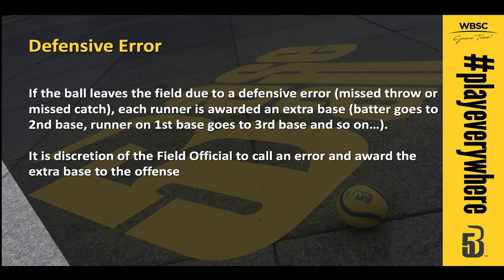It's the discretion of the field official to call an error and award the extra base to the offense. And that's another big difference between Baseball 5 and baseball and softball. Errors are not given by scorekeepers, they're given by field officials in Baseball 5, and it will result in extra bases being awarded.